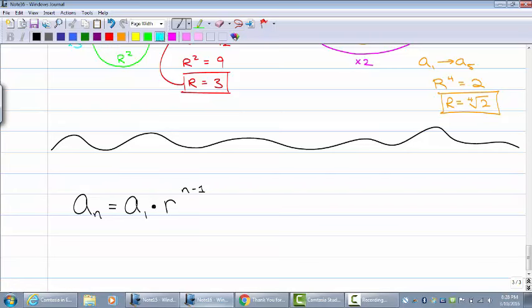Meaning, I start at the first term, use a common ratio over and over and over again, but I need an initial condition. I want to know, what is the nth term?